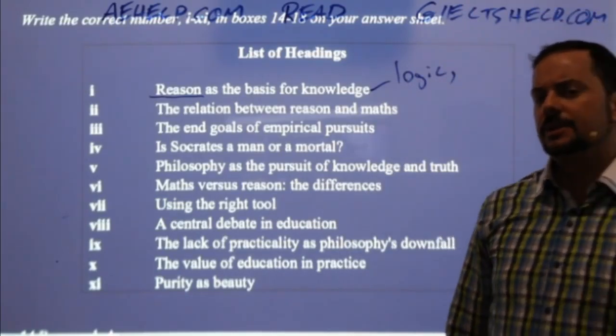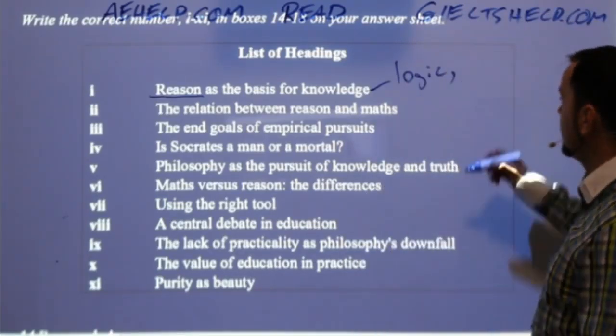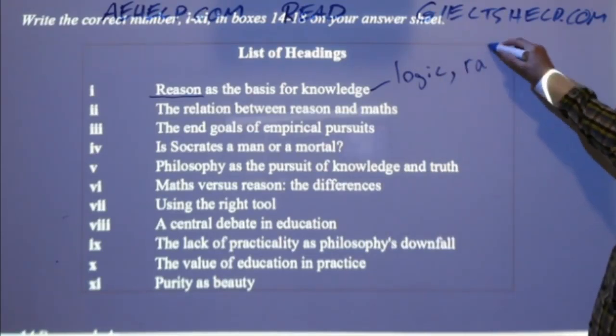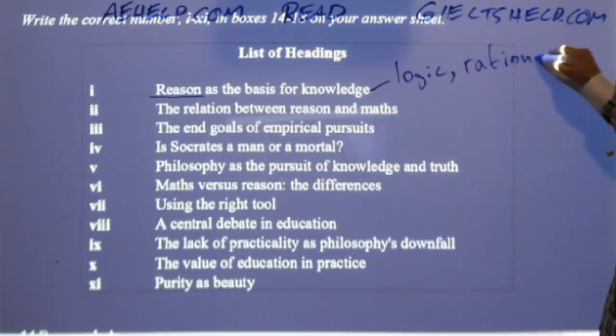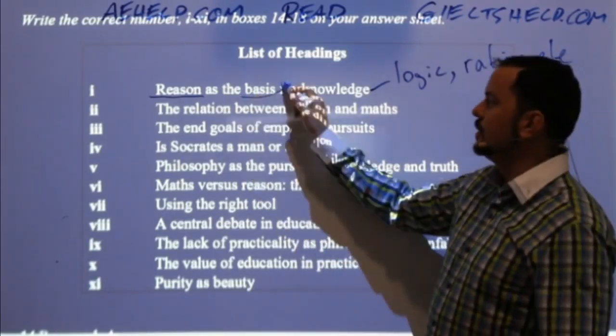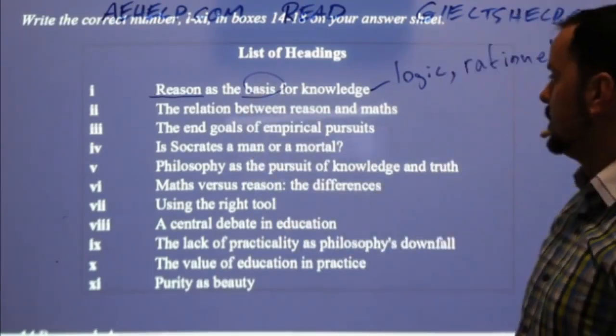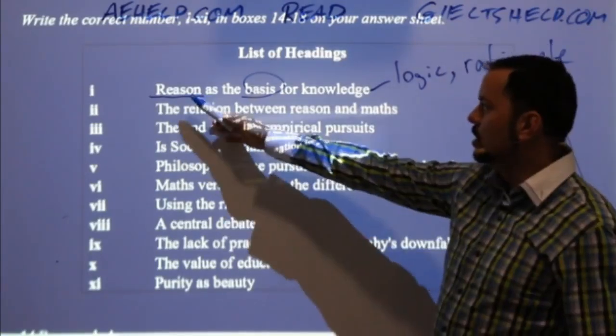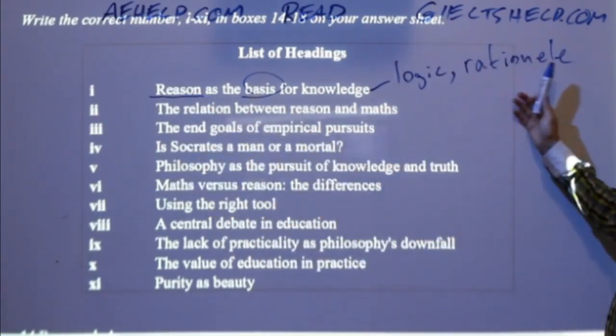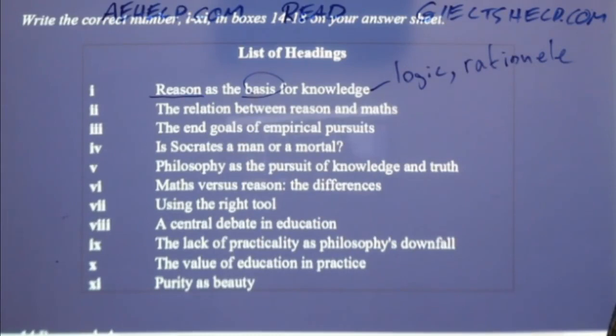Here we're thinking of the noun reason, like reasoning. Logic or rationale, rational thought. As the basis. What's another way to say basis? So reason here means logic or rational thinking, rationale.